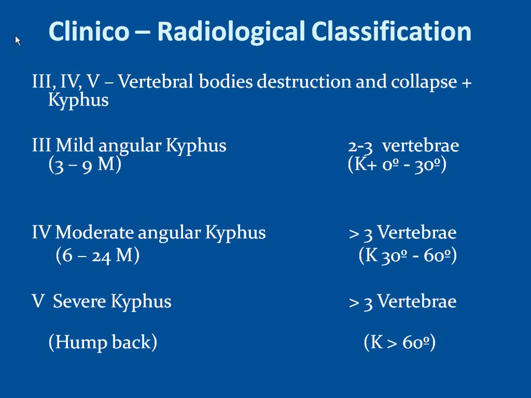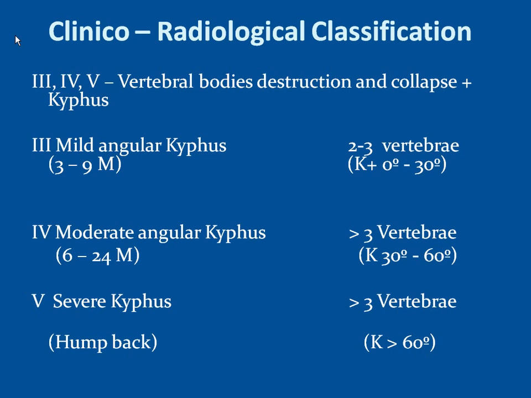So as the disease further progresses, radiologically you have increase in vertebral body destruction and a collapse taking place, resulting into a kyphus of various degrees. A mild angular kyphus suggests about 2 to 3 vertebral involvement, which is normally about 30 degrees or less than 30 degrees.